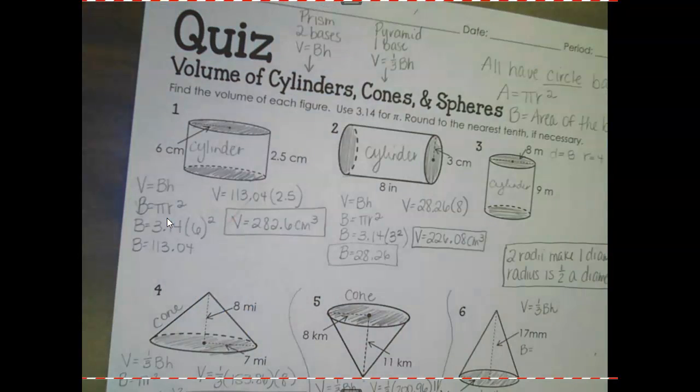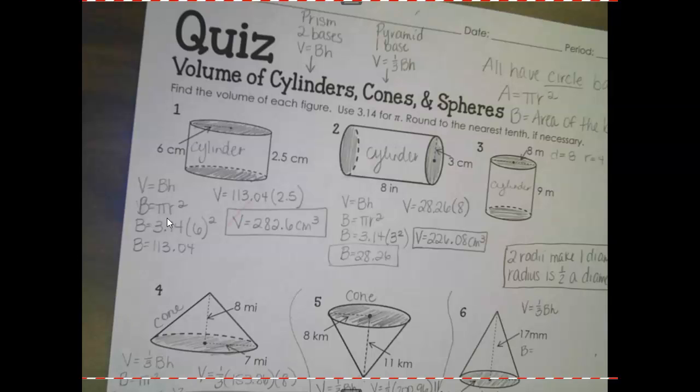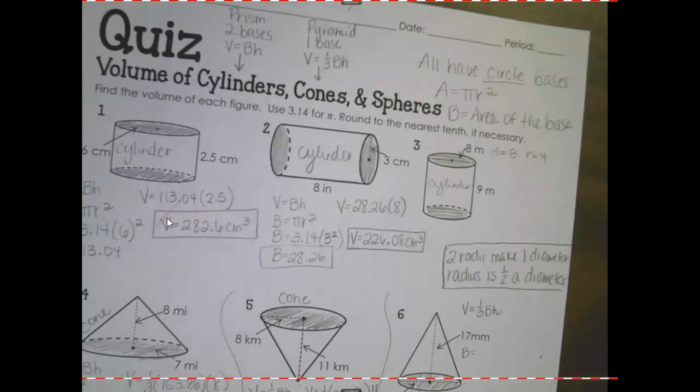It has only 1 base, and it's 1/3 big BH. And my height on a cone is going to connect my base to that sharp point. All of these have circular bases, where my B is the area of that base. So for all of them, I was using my circle formula to find the area of the base.